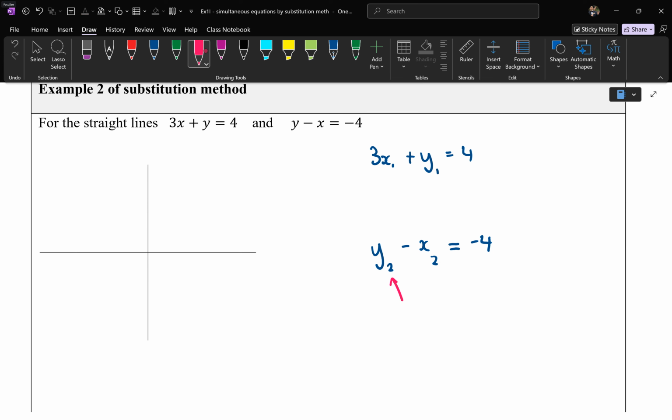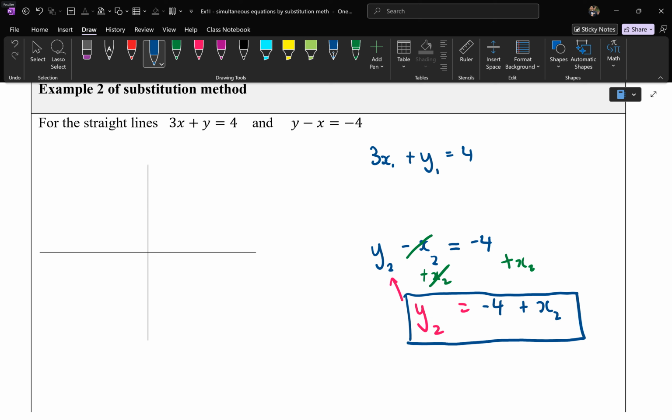I can see that to get y2, I just needed to move this across, which means add x2 on both sides. So if I add x2 on both sides, this cancels out. And what I get is negative 4 plus x2 is equal to y2.